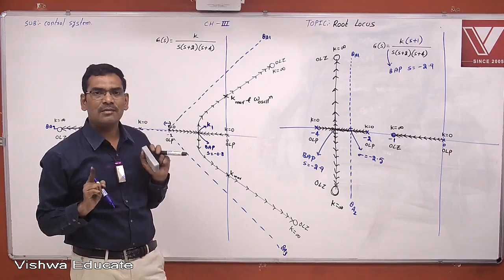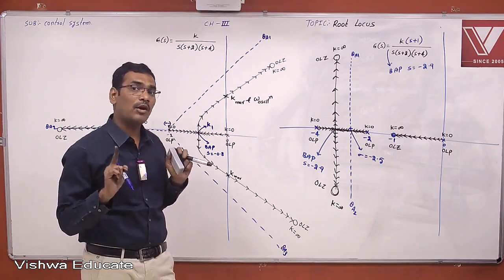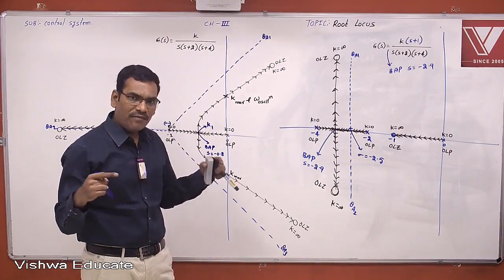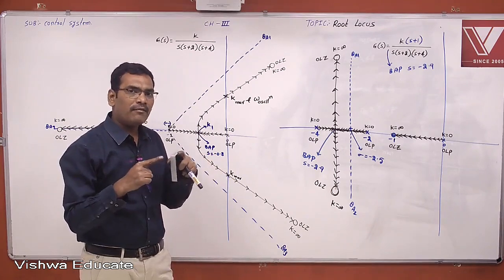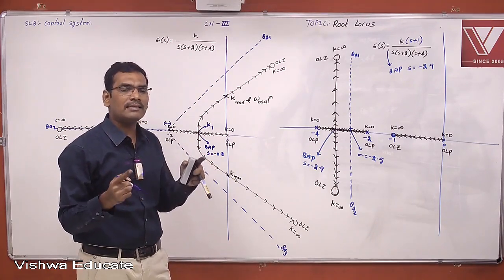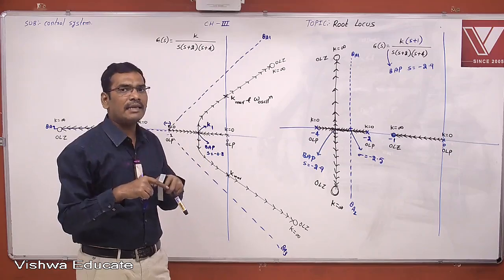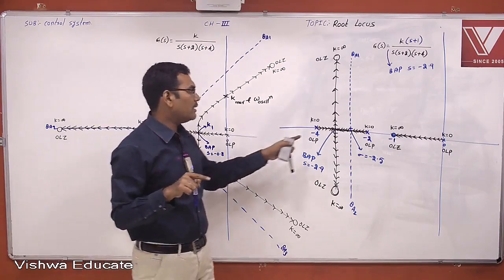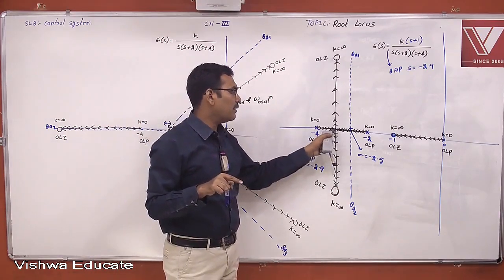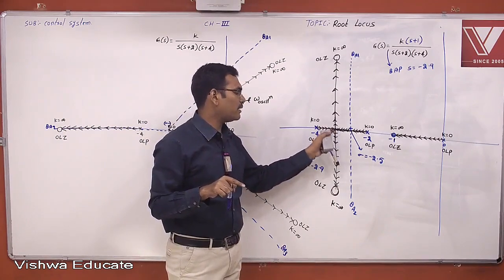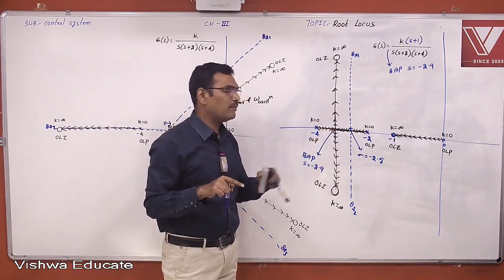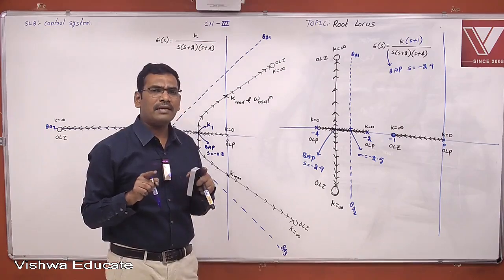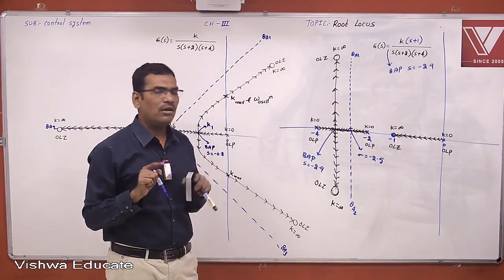It is just a point where you start drawing the angle of asymptote. But where you want to leave the real axis or enter the real axis at a particular point, that point is the breakaway point or break-in point. That particular point must lie on the root locus branch.